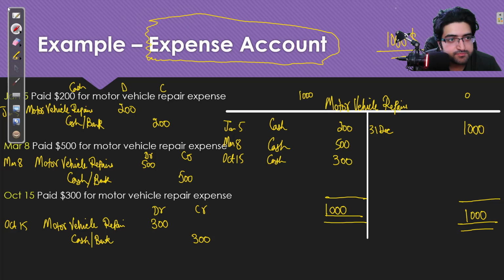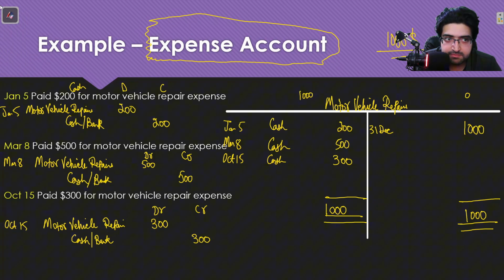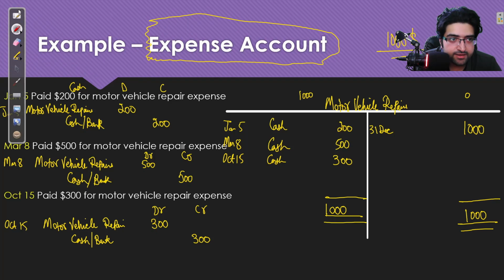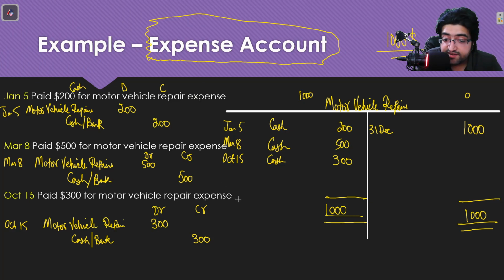Now, to move any expense account to the income statement, we have to make an entry for that. The entry is simply, we have a debit balance of this account, right? The expenses were debited. So 200, 500, 300, total debit amount of this account is 1000.